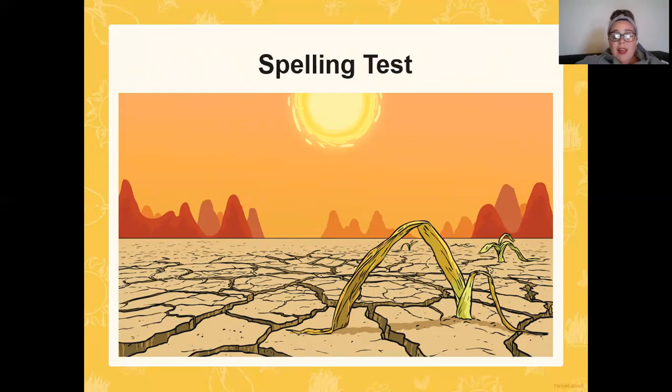Okay, the first word is plough. The farmer used an old horse-drawn plough. The next word is bough. The squirrel ran up the bough of the tree. Bough.